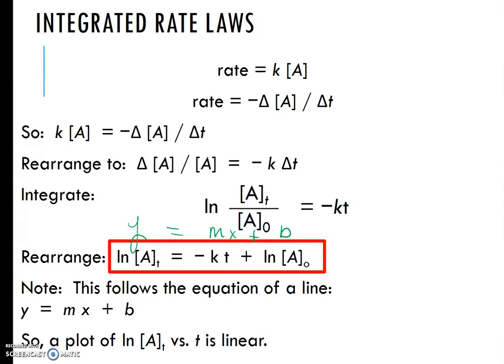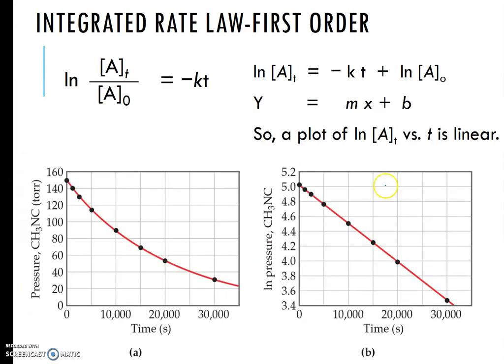And so from plotting the natural log versus time, what we can get is the slope and the y-intercept. So we can get the starting concentration and we can get k. So instead of comparing experiments and running the average rate calculations, we can make a plot of concentration versus time.